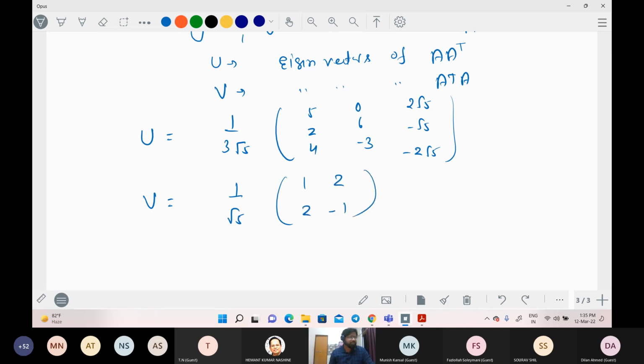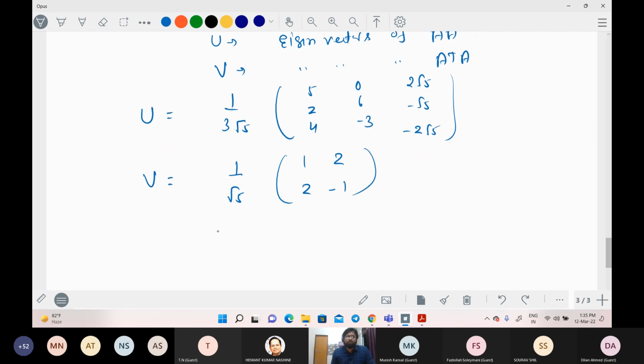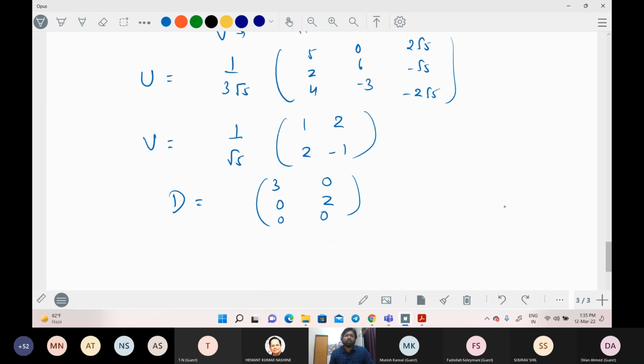D is like a block matrix whose diagonal entries are the singular values of A. So this is your singular value decomposition of A.